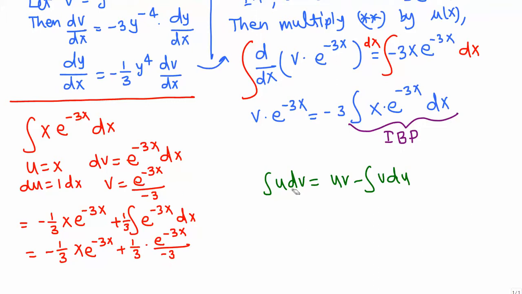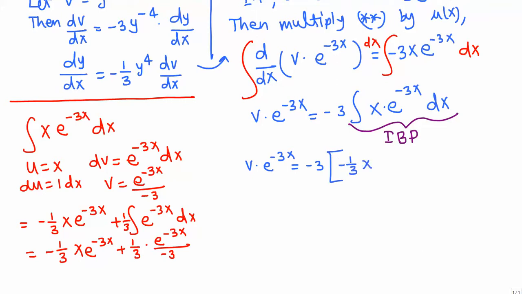Let's go back here. So v times e raised to negative 3x equals negative 3 times everything, negative 1/3 x e to the negative 3x minus 1/9 e to the negative 3x, and plus c.